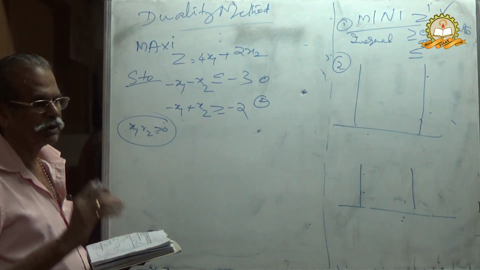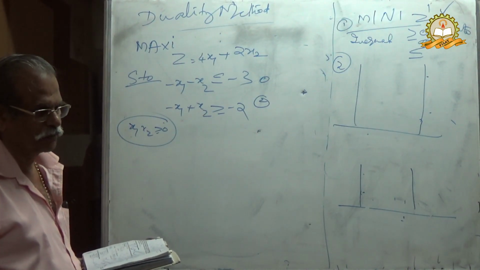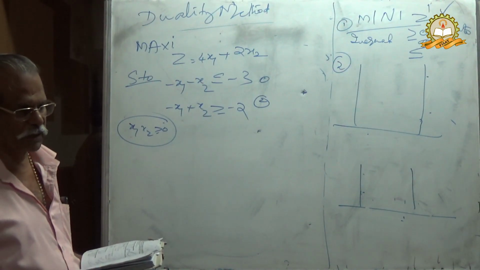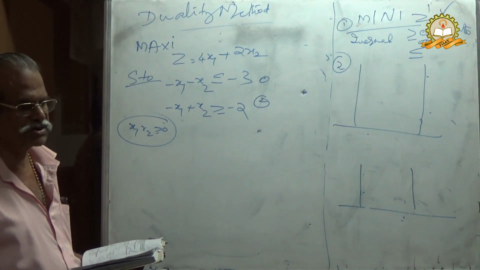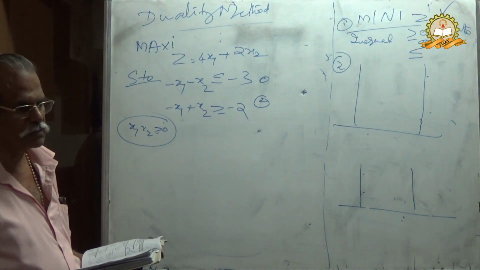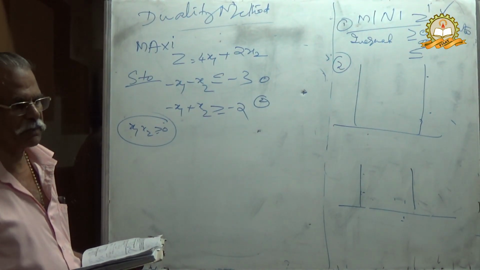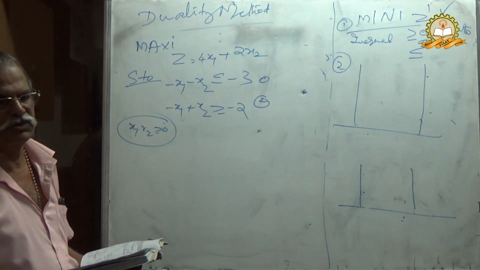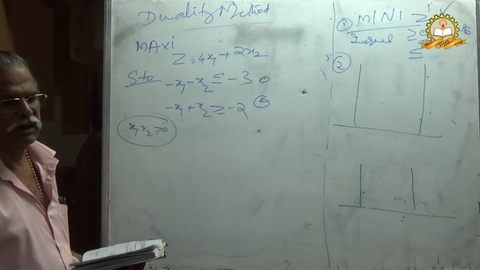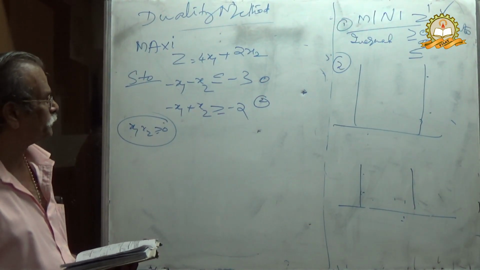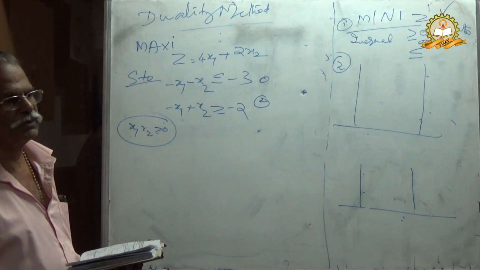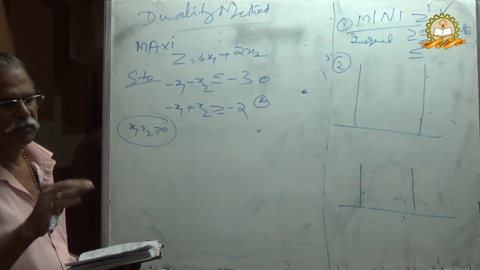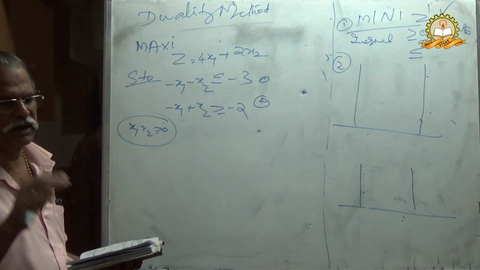Similarly, all the questions under minimization, primal, should have greater than or equal to sign. Maximum means inequality should be less than. Minimization means inequality should be greater than.